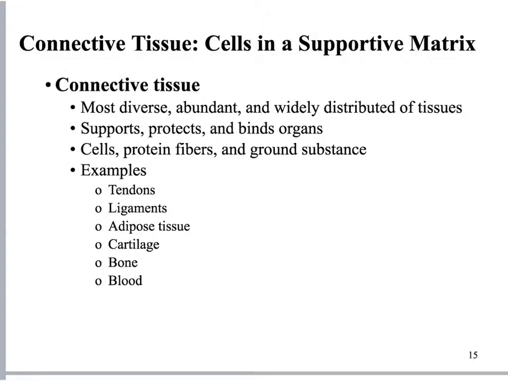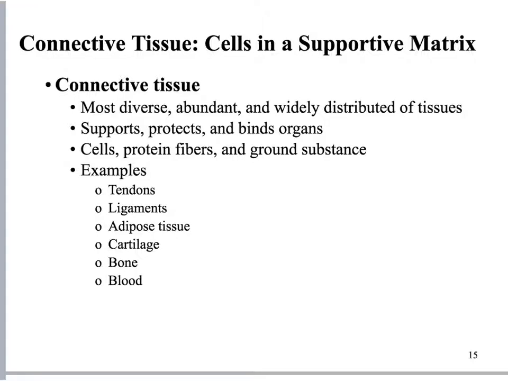And it's made up of basically three things. All connective tissue is composed of cells that are separated by some type of what we call ground substance, some type of material. That material can be fluid, it could be semi-solid, it could be solid. But regardless, the cells that make up that tissue are separated from each other.